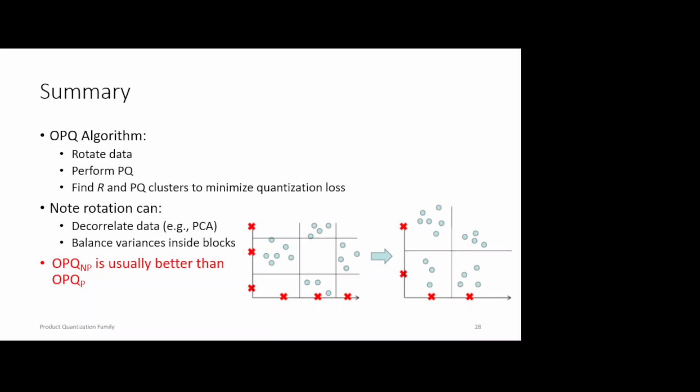So here is an illustration for OPQ. This is the original data space. If we just use the original data space and apply PQ, you will generate some centroids like this and some combinations of the centroids of the first segment and the second. Actually, some combinations don't have any data inside, right? You see, here is blank, it's empty.